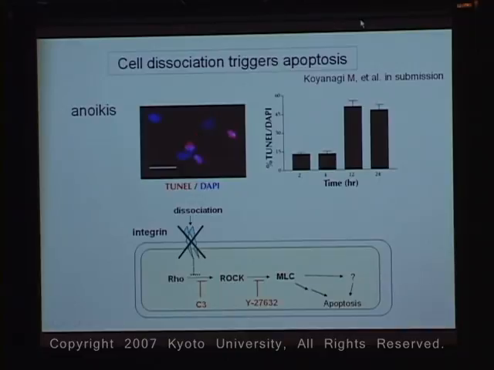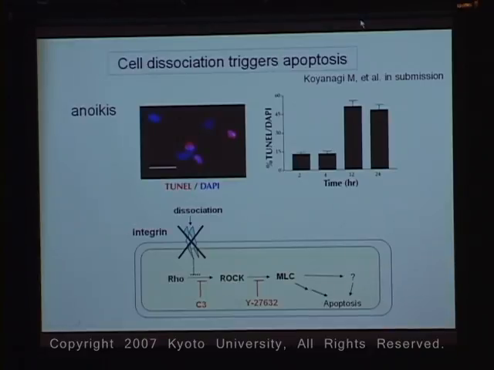Apoptotic cells can be detected by TUNEL staining, and as shown here, 12 or 24 hours after cell dissociation, the number of TUNEL positive cells increased.